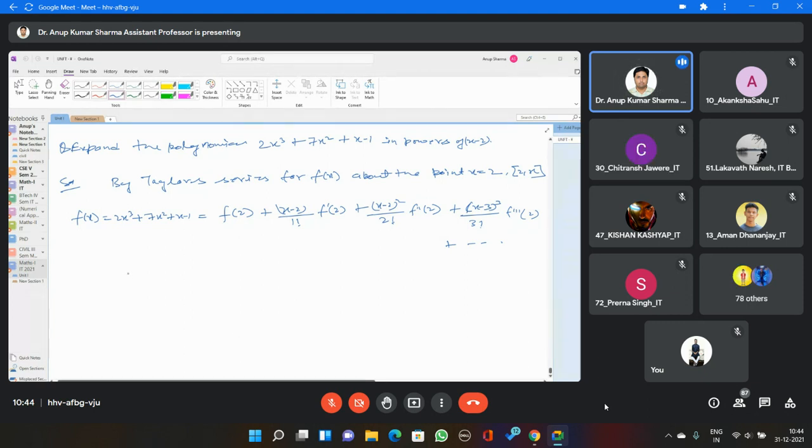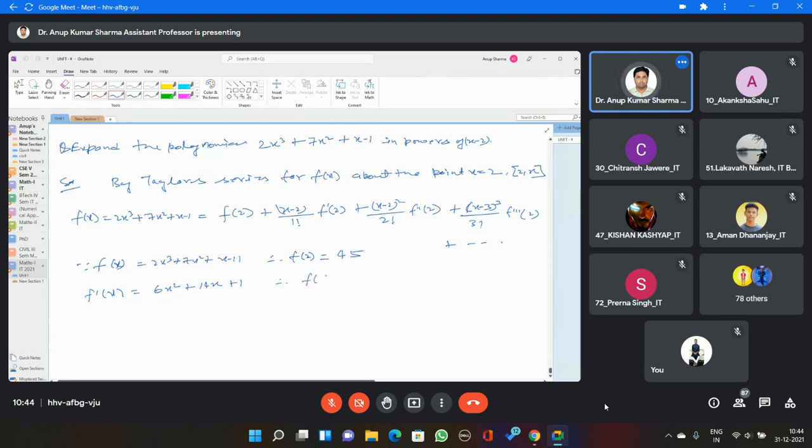After that, you find this. Since f(x) is equal to 2x cubed plus 7x squared plus x minus 1, therefore f(2), if you take the values, after calculation is 45. f dash of x is equal to 6x squared plus 14x plus 1.